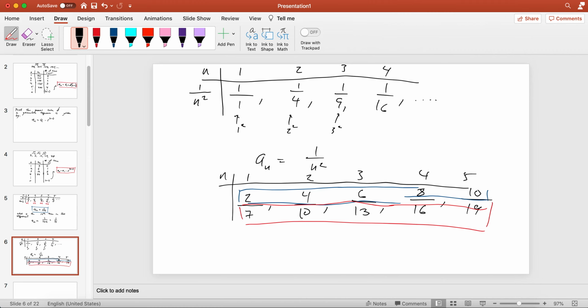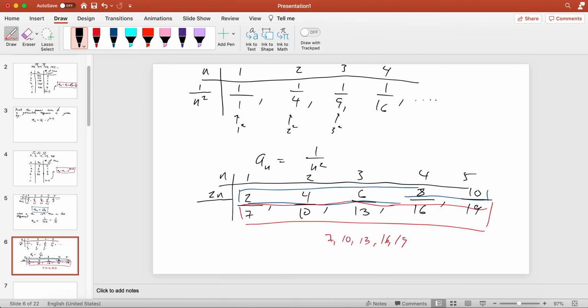If this is 2, this is 4. This is 3, this is 6, and so on. So if this is n, on top I'm going to have 2n. And then here, if you were to separate this 7, 10, 13, 16, 19, that's just an arithmetic sequence.